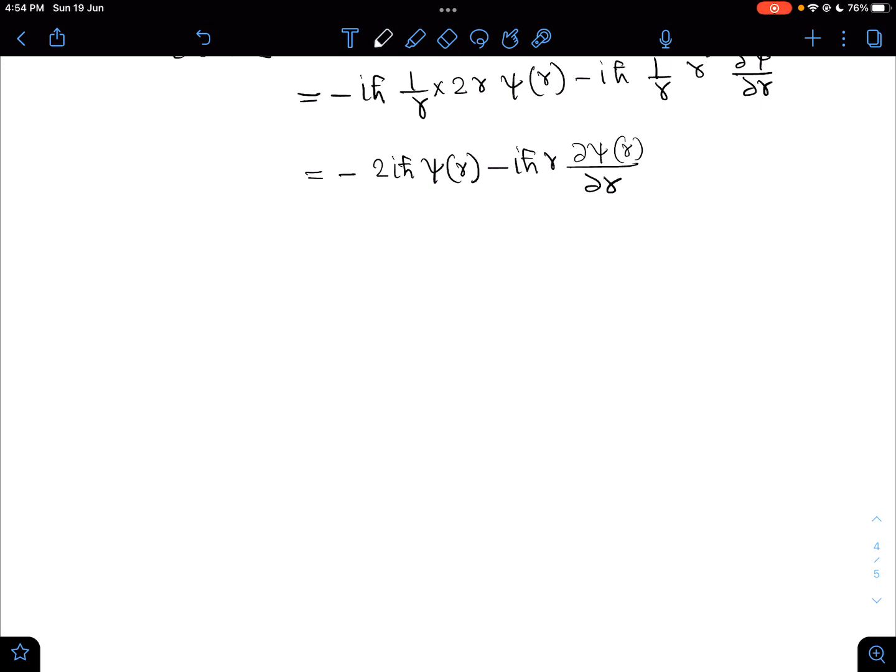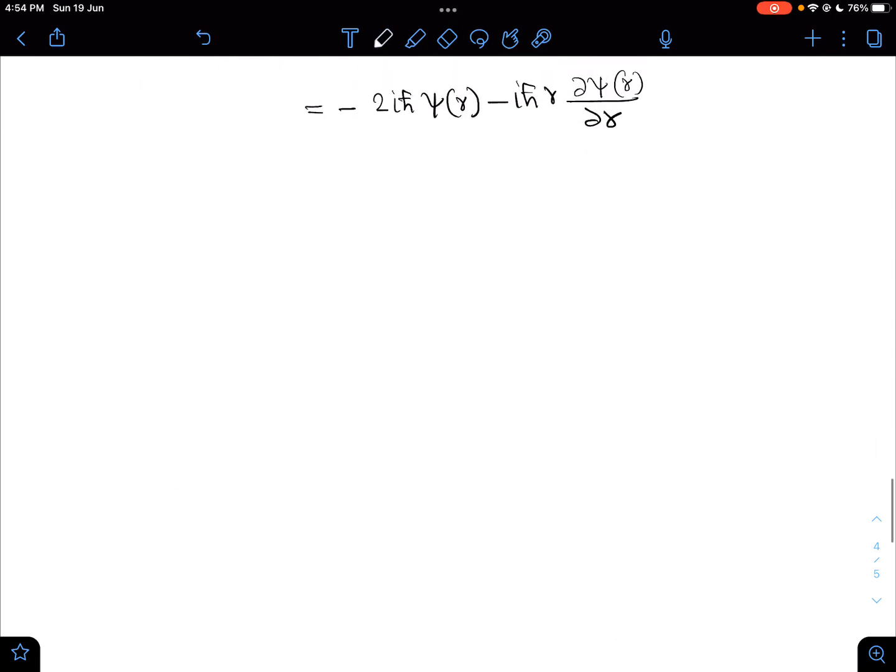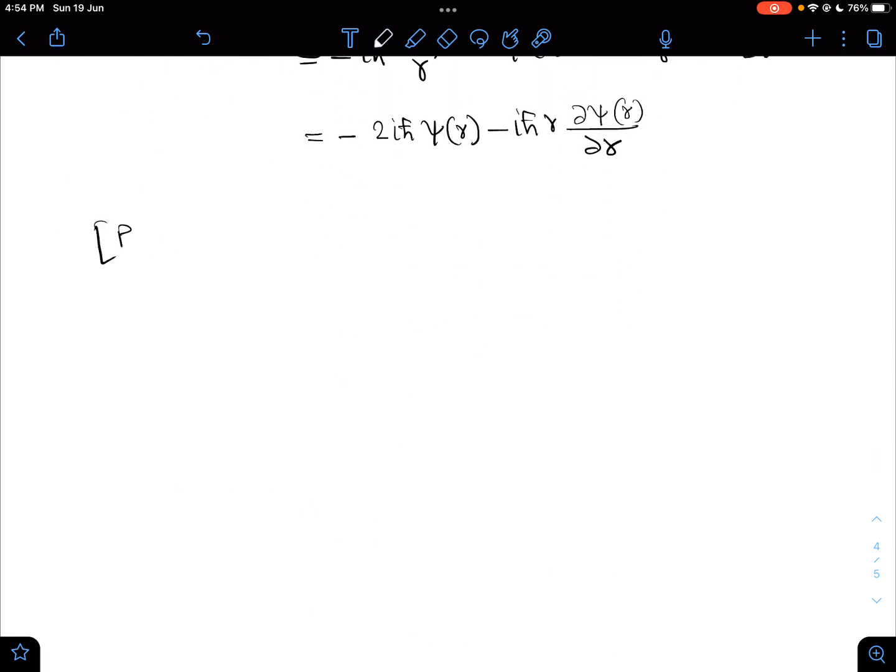So what will be the action of the commutator on a function? Let us proceed. We have to find this PR, r on a function psi r.